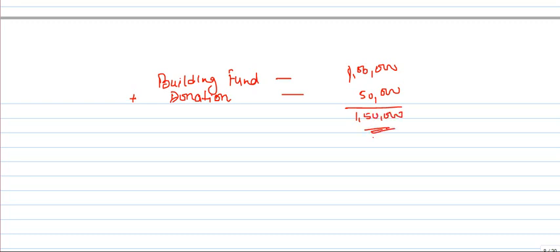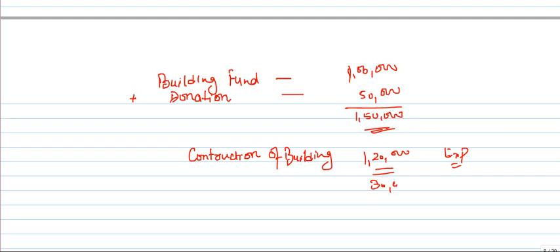Now out of this 1,50,000, the construction of the building is completed, and it took 1,20,000 as expense. You have a fund of 1,50,000, but the expense on construction was 1,20,000. Now what is to be done with the remaining 30,000?